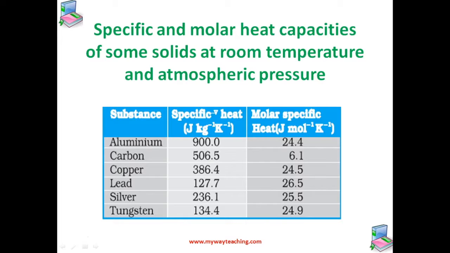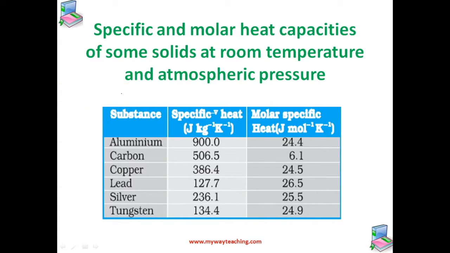Consider a solid of N atoms, each vibrating about its mean position. An oscillator in one dimension has average energy of 2 into 1 by 2 kB T, that is equal to kB T.